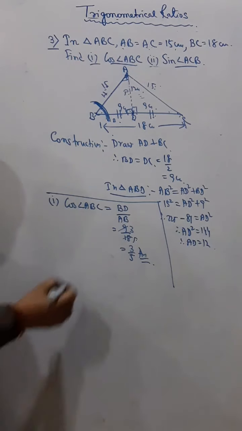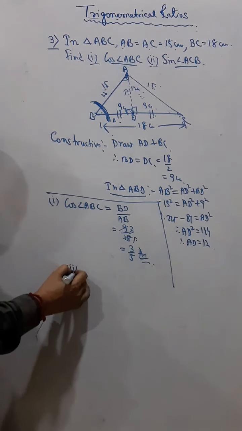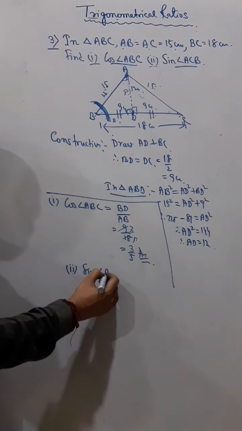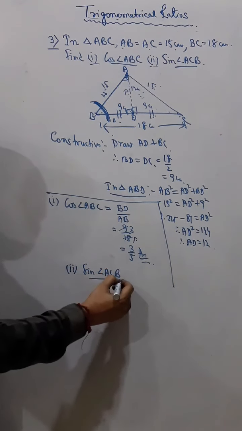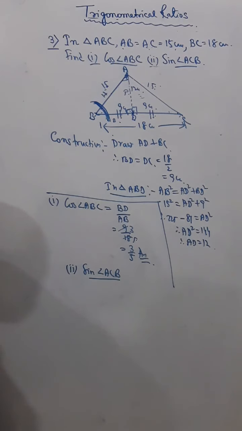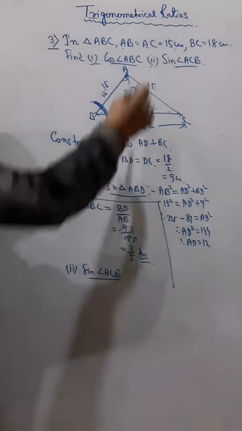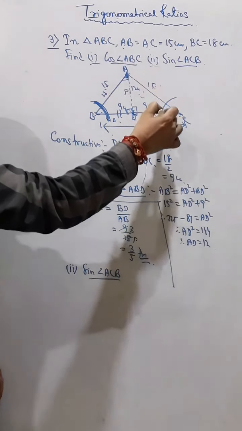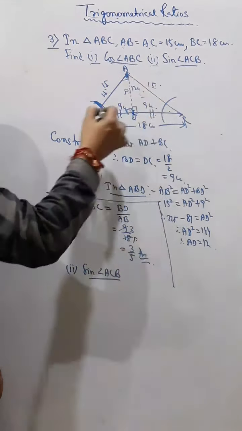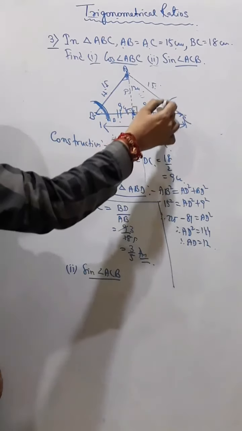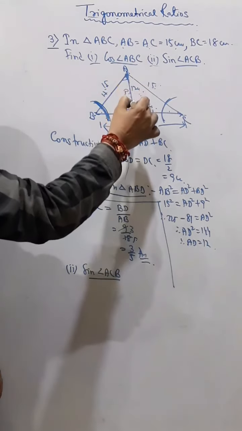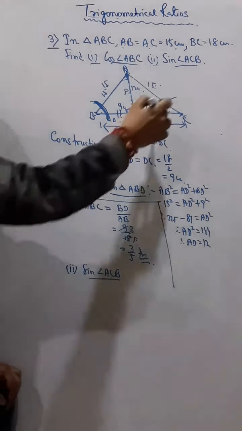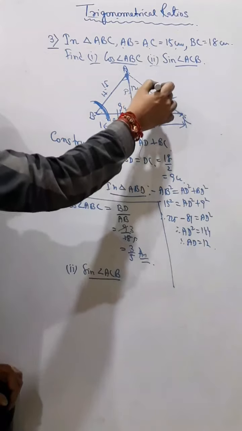Okay. And number 2 they told sine angle ACB. So sine angle ACB, again ACB means with respect to this angle, ACD. So in this triangle you can see now, opposite to this 90, this is hypotenuse.